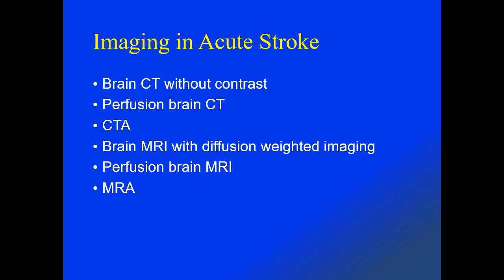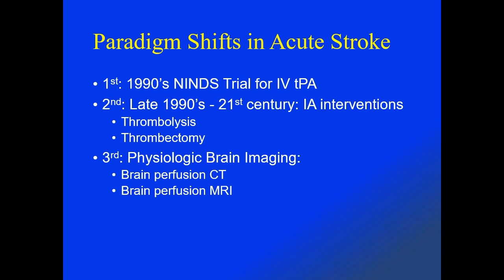There have been significant paradigm shifts in the management and treatment of patients with acute stroke. The first shift occurred in the mid-90s following the report of the NINDS trial, which demonstrated superiority of IV tPA treatment for acute stroke patients versus placebo.